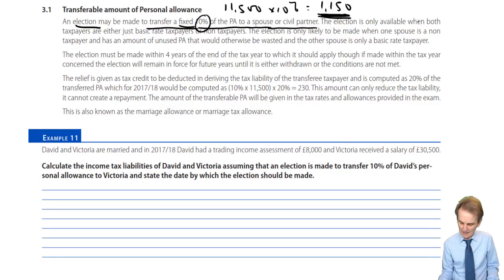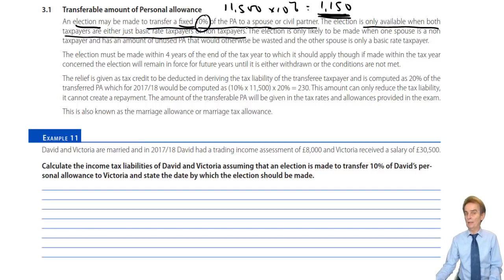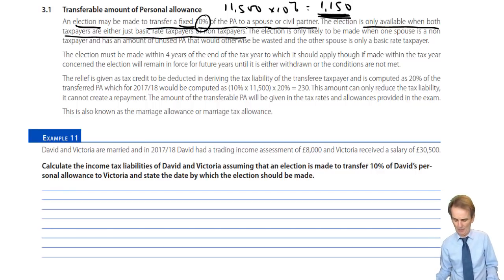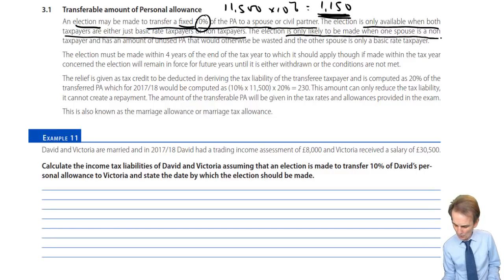So, this is only available when both taxpayers are either just basic rate taxpayers, I should say, or indeed that we'll find that one of these is likely to be a non-taxpayer. The election is only really likely to be made when one spouse is a non-taxpayer.